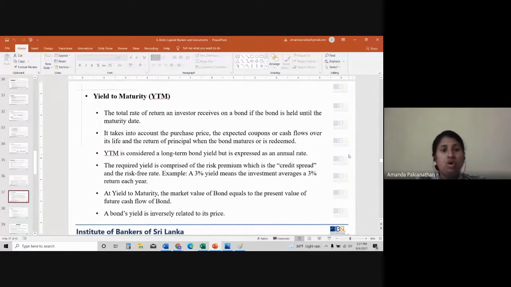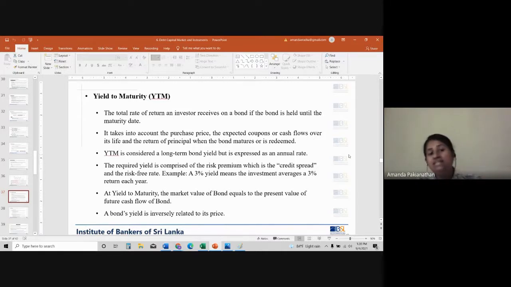Now, when we talk about yield, know that yield is always with reference to return on the investment that you have made in an instrument. The word yield is spoken from the point of view of an investor. Here the term is very clear: yield to maturity.